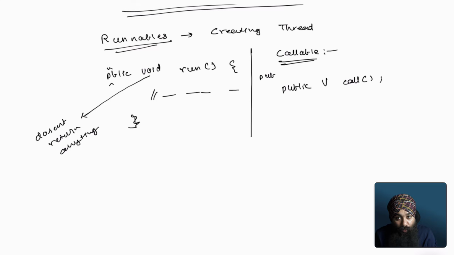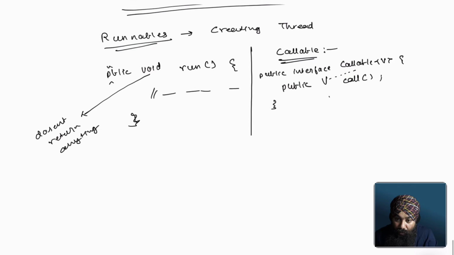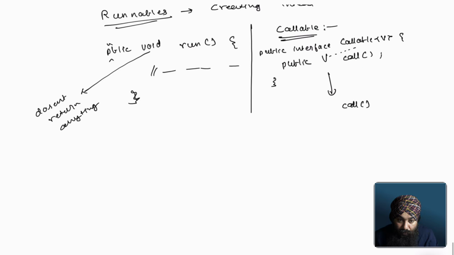It is like public interface Callable V. This is the same V that is here. Whenever you implement the callable interface, you have to override the call method, just as when you implemented the runnable interface, you had to override the run method.